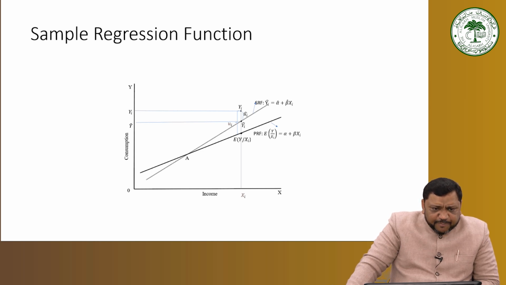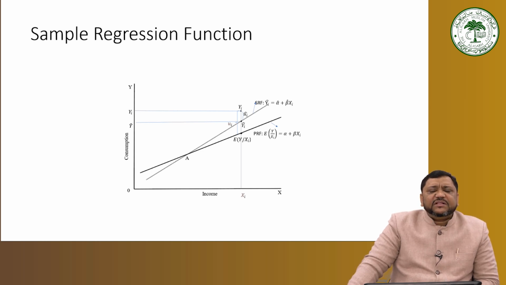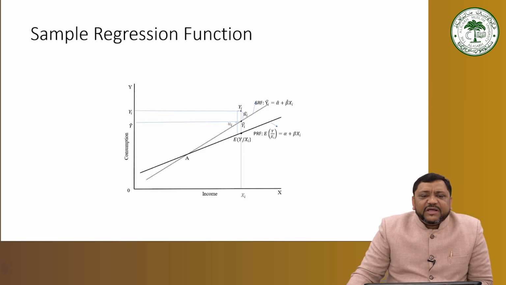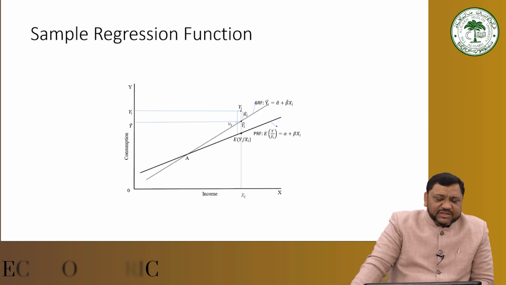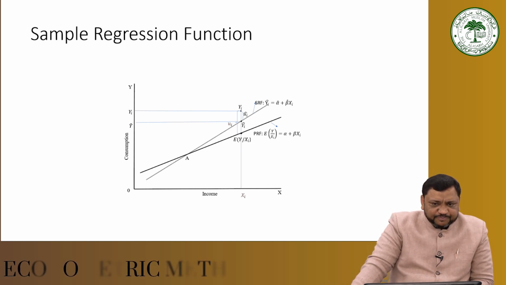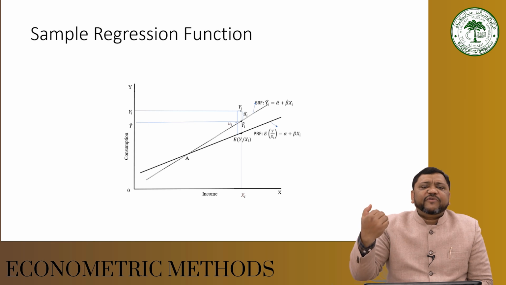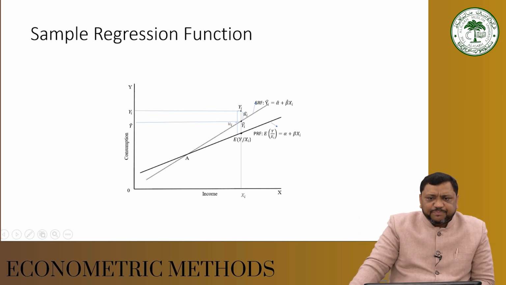Let us take a point to the left of A. To the left of A, the population regression function is more than the sample regression function. So in this case, to the left of point A, the sample regression function is underestimating the population regression function. And to the right-hand side of A, the sample regression function is overestimating the relationship.